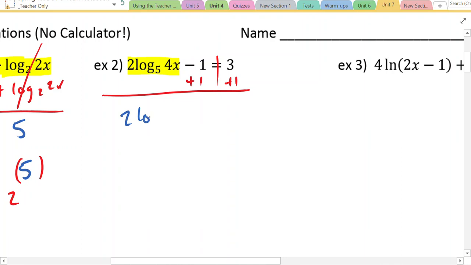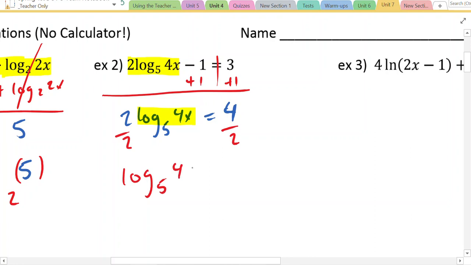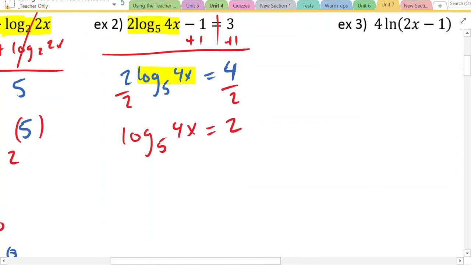We have 2 log base 5 of 4x equals 4. Before I even do any of that, because remember, I want the log by itself, I can easily just divide by 2. Much more straightforward. That means I get log base 5 of 4x equals 2. And now I want to undo something that's log base 5.